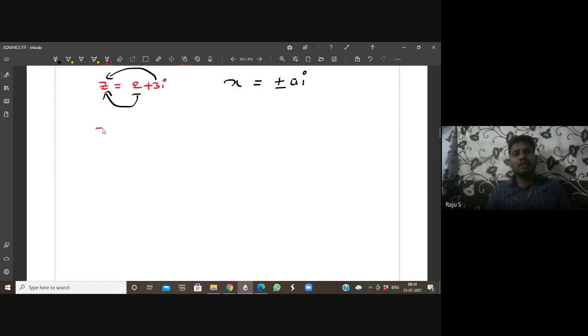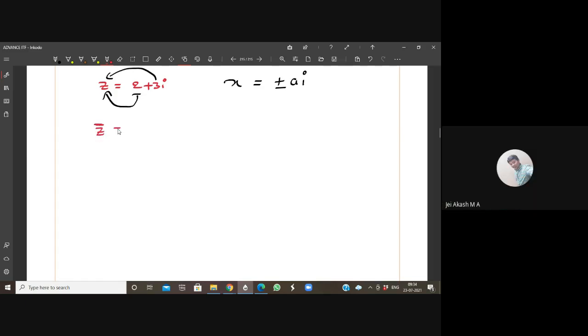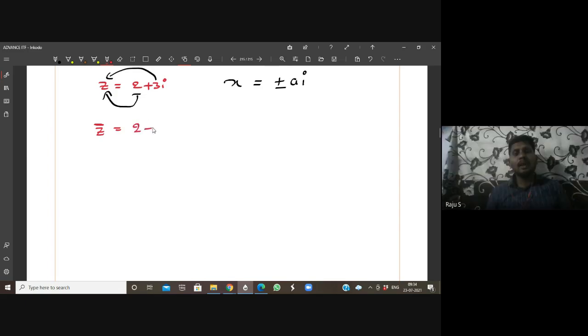Next, the conjugate of a complex number is denoted by z bar. The thing is, replace iota by minus iota, then that is called the conjugate. That is nothing but 2 minus 3 iota. Plus becomes minus, minus becomes plus, that's it.